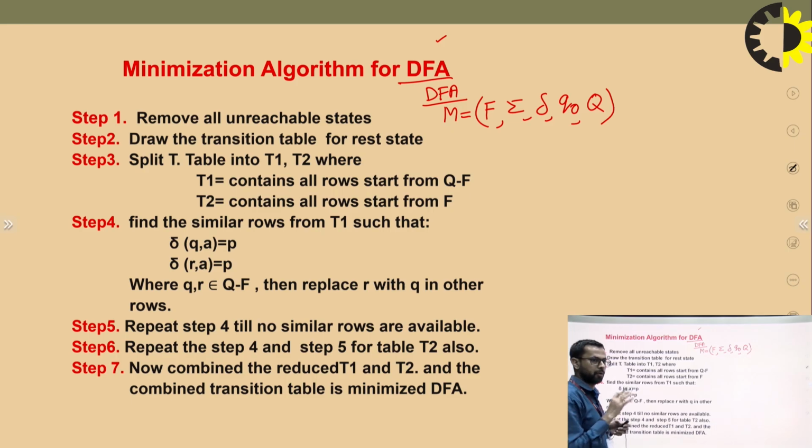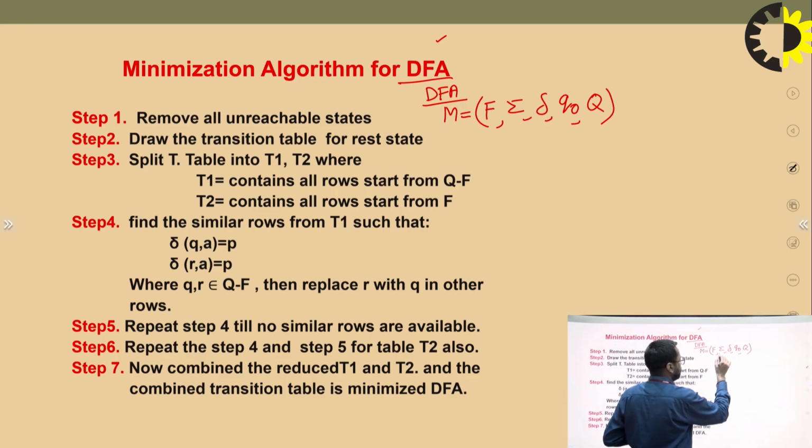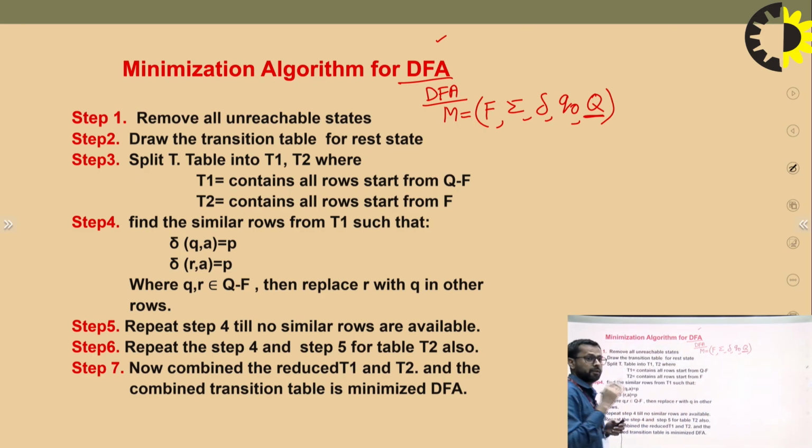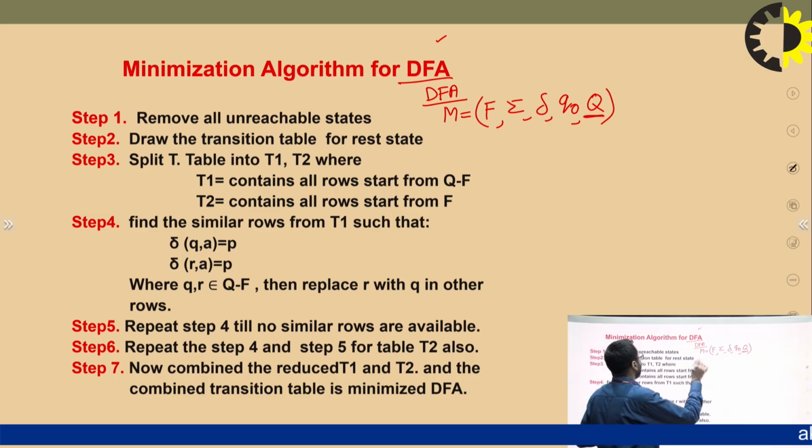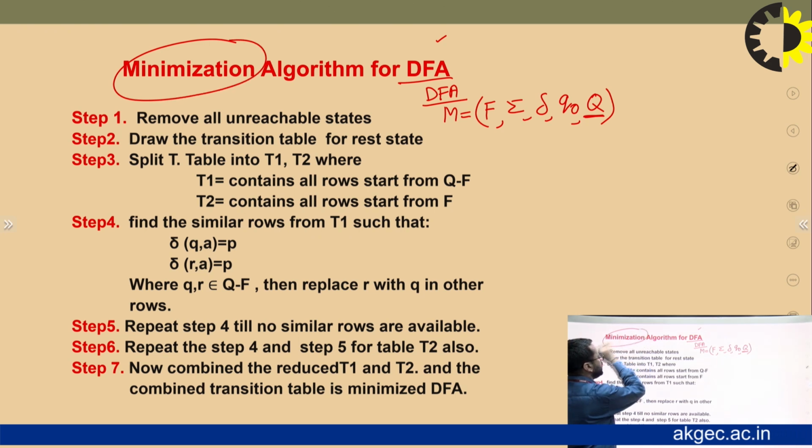Our focus is the Q, which contains the non-empty set of states. So what we will do in this algorithm, we will minimize those states. Basically, our objective is to minimize the states.